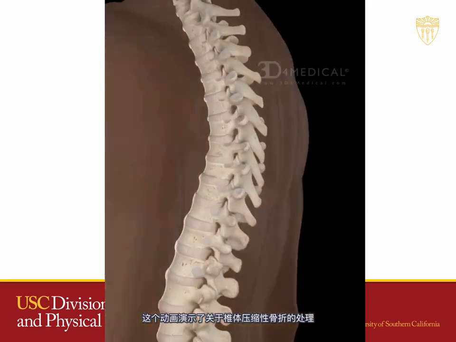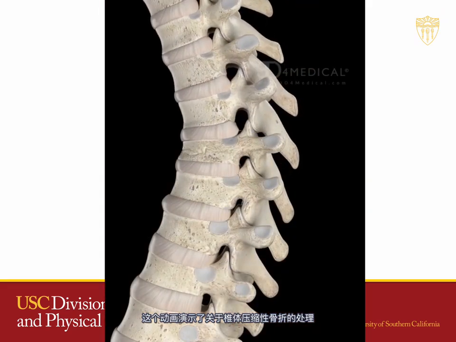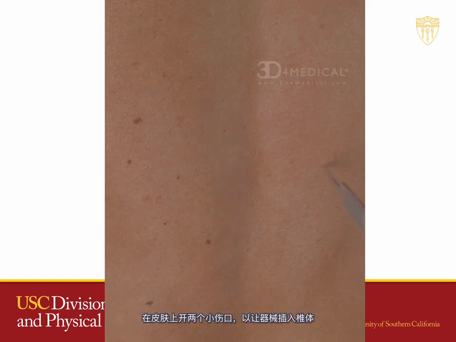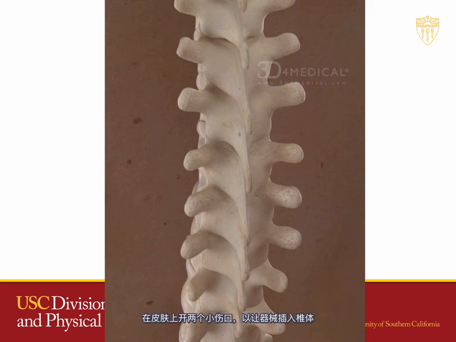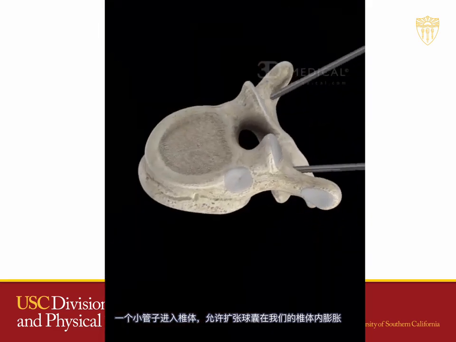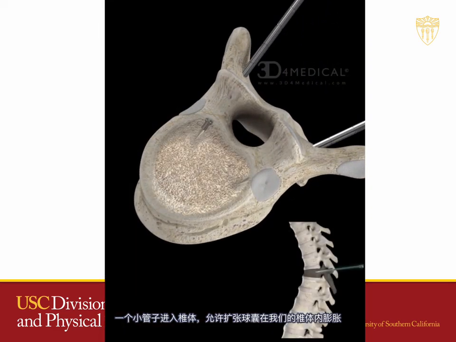This animation illustrates the treatment of a vertebral compression fracture of the thoracic vertebra. Compression fractures may occur as a result of trauma or due to conditions such as osteoporosis. 2 small incisions are made in the skin to allow instruments to access the collapsed vertebral body. A small tube introduced to each side of the vertebral body through the pedicles allows the balloon to be expanded inside the body.